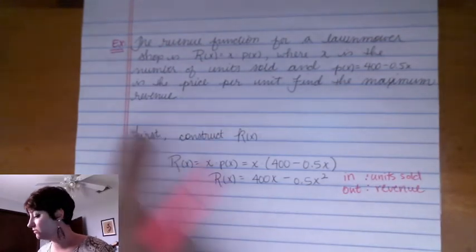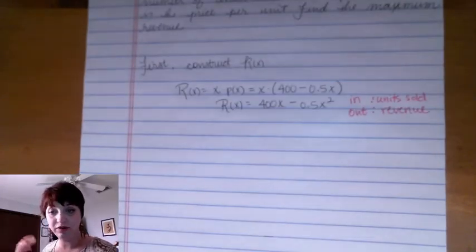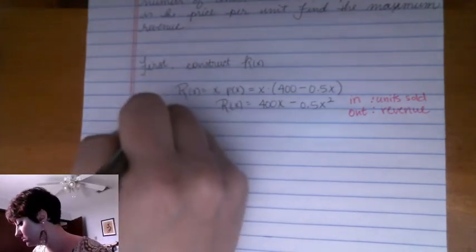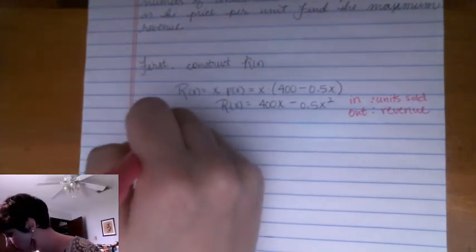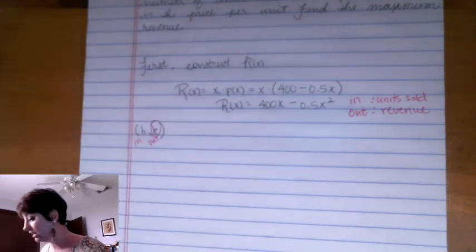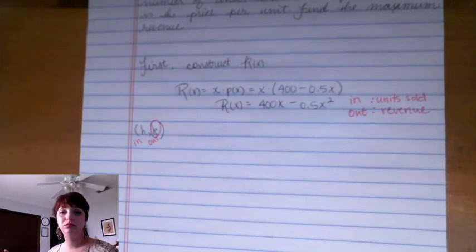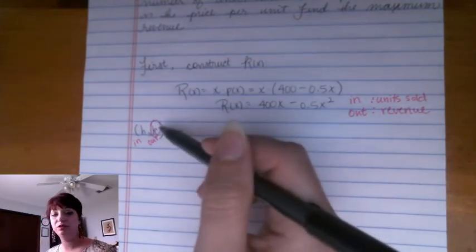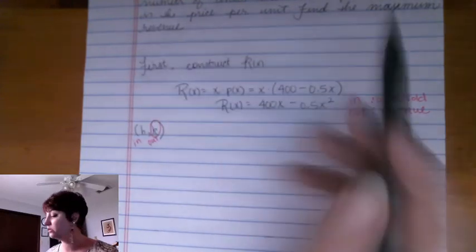You're asked to find revenue, so of the h and k, you need to find the k value. One of them is the in, one of them is the out. We need the out because we're looking for the revenue. Now, because we're looking for the actual revenue, that means we have to find the number of units that maximize the revenue and then plug that into our function.